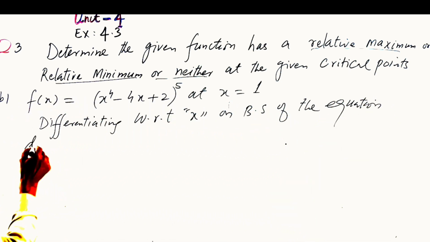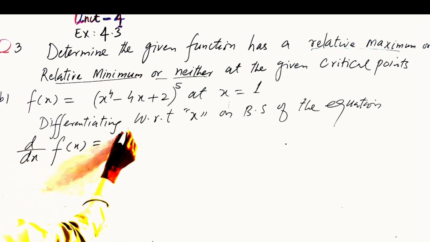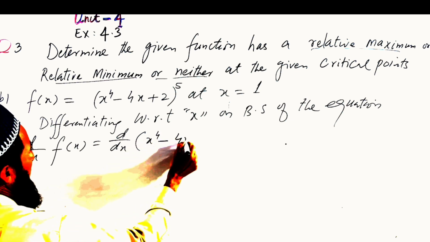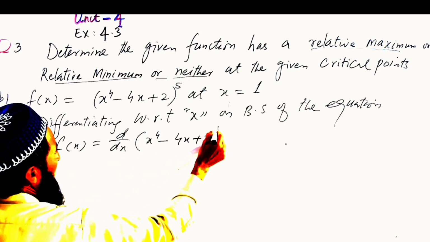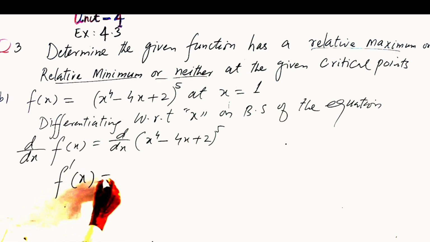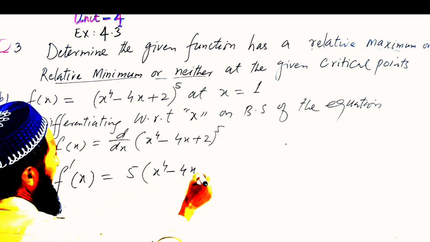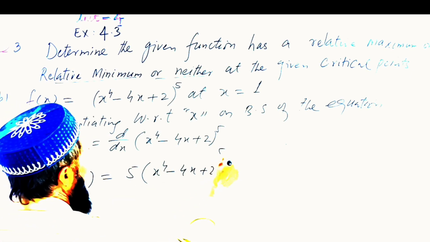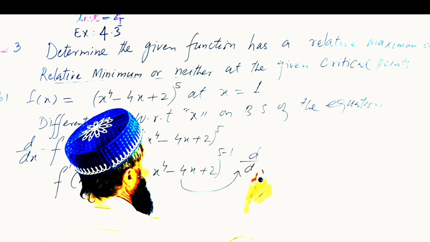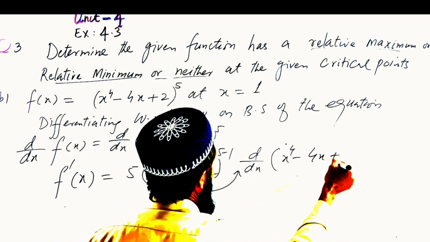So dy by dx f of x is equal to dy by dx (x power 4 minus 4x plus 2) whole power 5. So f dash x is equal to, the power rule is used, 5 (x power 4 minus 4x plus 2) power 5 minus 1, and further the derivative of x power 4 minus 4x plus 2.